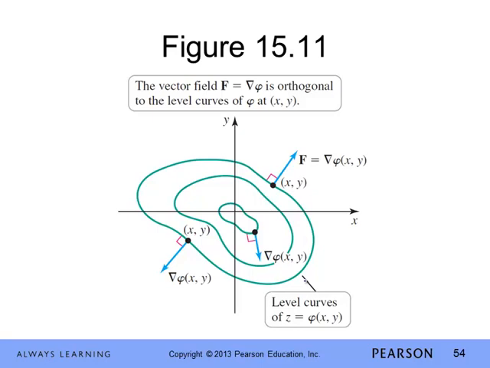That'll take you uphill quickest. So what would the negative of the gradient be for you? The negative of the gradient will give you the direction of steepest descent, the quickest way downhill, which a lot of people would be interested in.